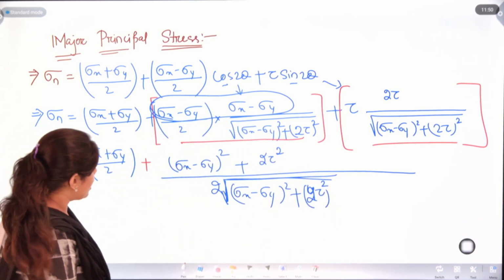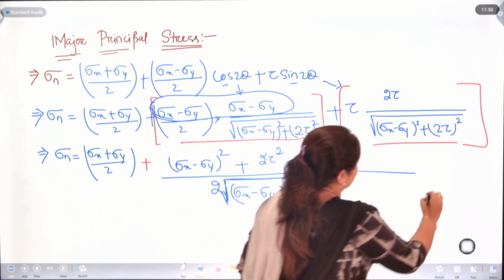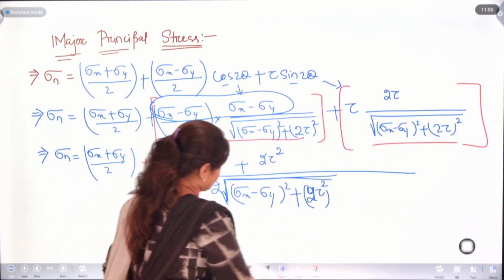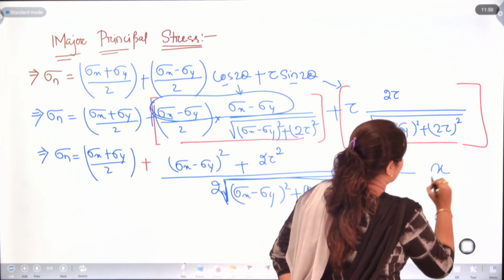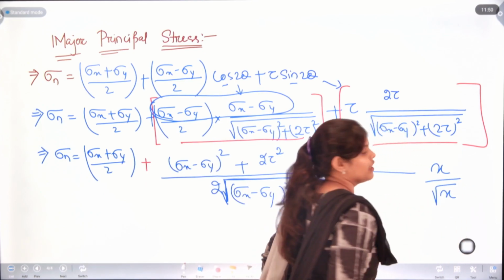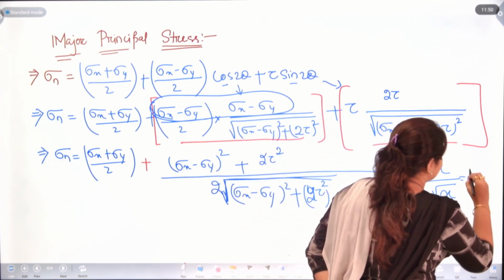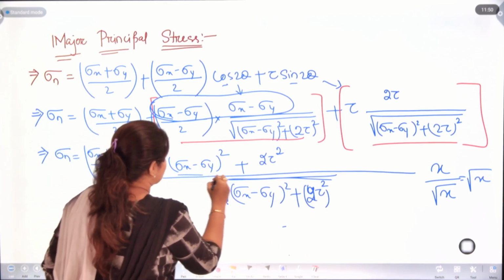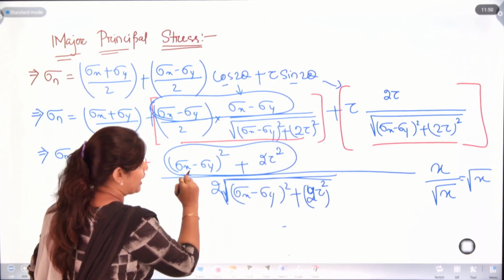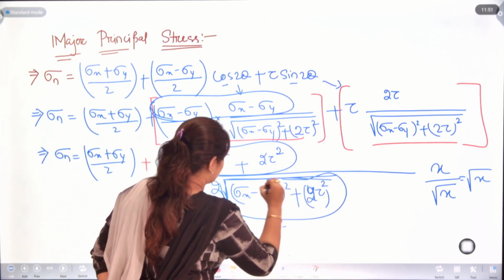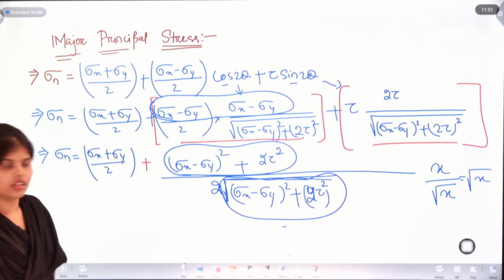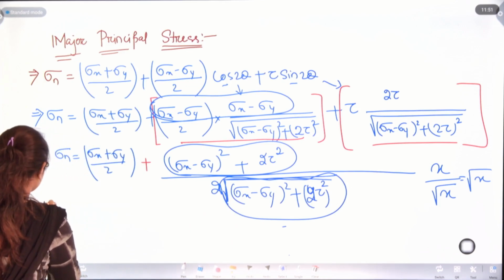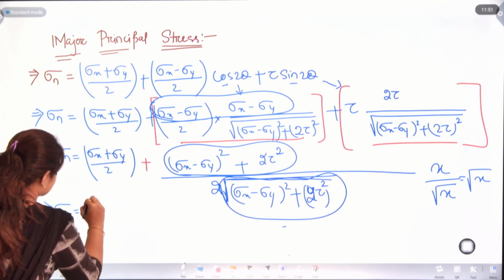So what do we have here? If we have x by root x, then the value will be nothing but root x. So, you can see the whole term is like this. Let's take this as x, and here we are having root x. So, x upon root x, we will have nothing but root x.